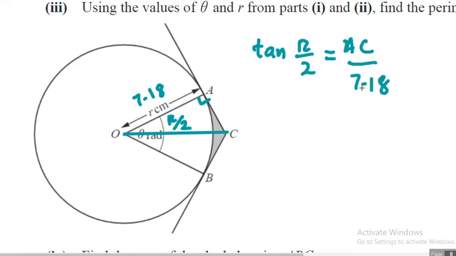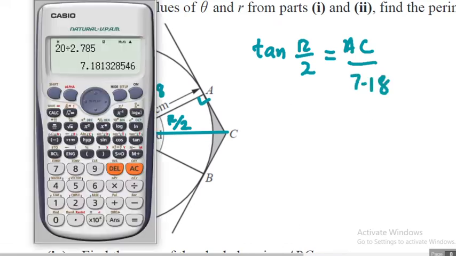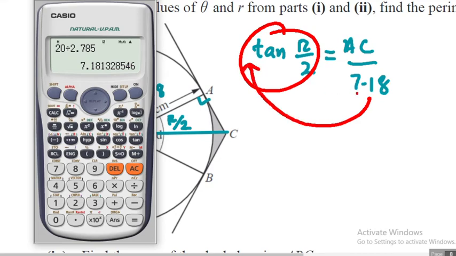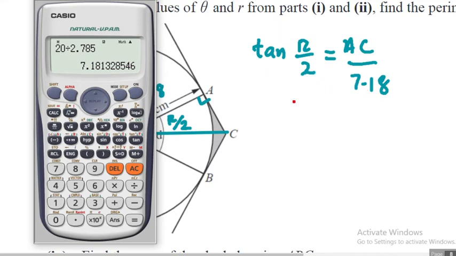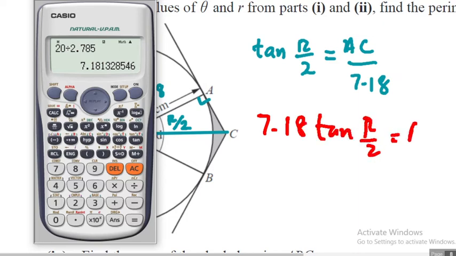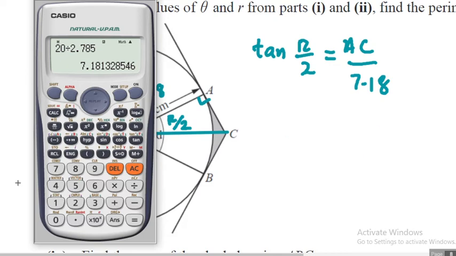So from there, we can just take our calculator here. I can bring this 7.18, tangent pi over 2 equals your AC. So we press 7.18 times tangent pi over 2. What is pi over 2? Just press it.